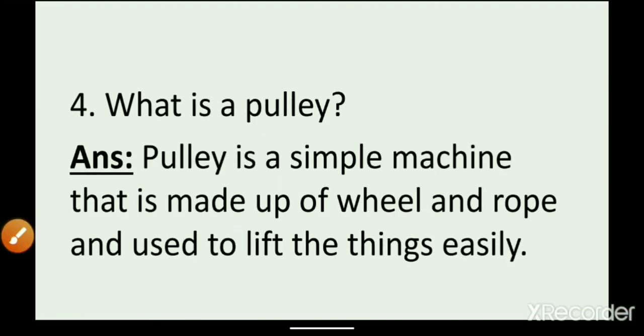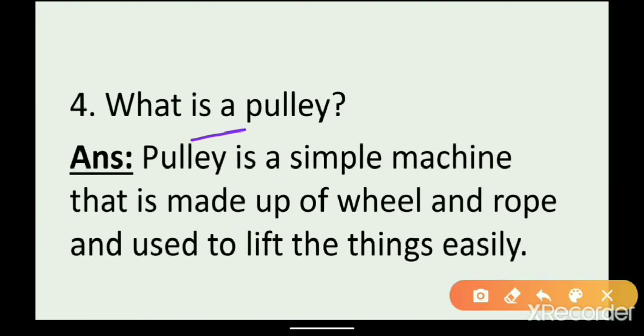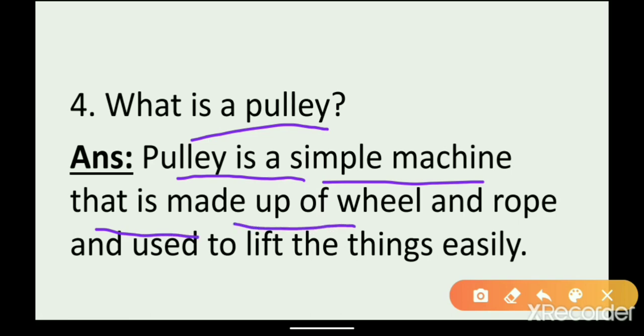Next question, what is a pulley? Pulley is a simple machine that is made up of wheel and rope and used to lift things easily.